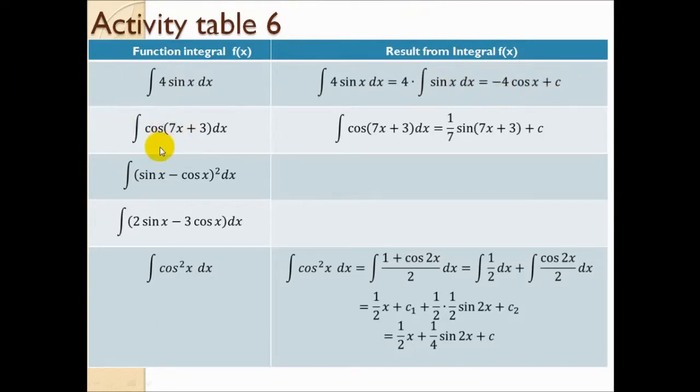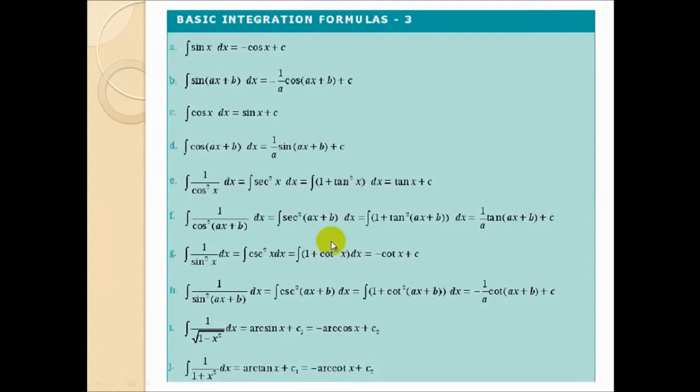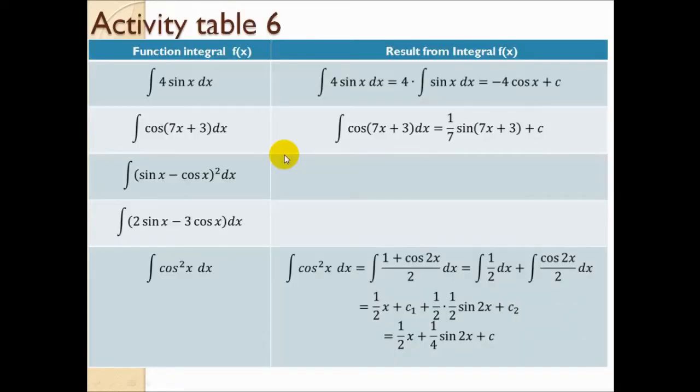If we have the integral of cos of 7x plus 3, using the basic integration formula we have 1 over a, where a is 7, so the integral of cos is sine, and it's still the same plus c. So these are all the basic integration formulas for the indefinite integral that you must learn. I hope you understand the explanation.